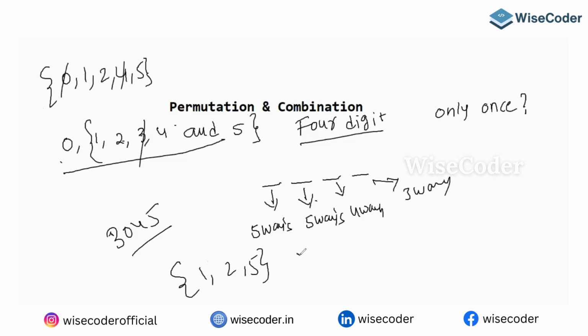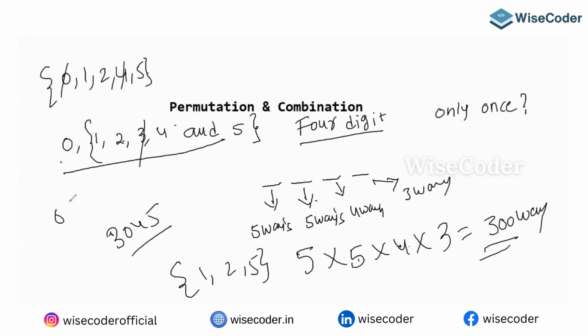So you can say the total number of ways is 5 into 5 into 4 into 3. 5 5s are 25, 25 4s are 100, 100 into 3 is what, guys? 300 ways. By using 0, 1, 2, 3, 4, 5, you can write 300 4 digit numbers. Is this clear, everybody?